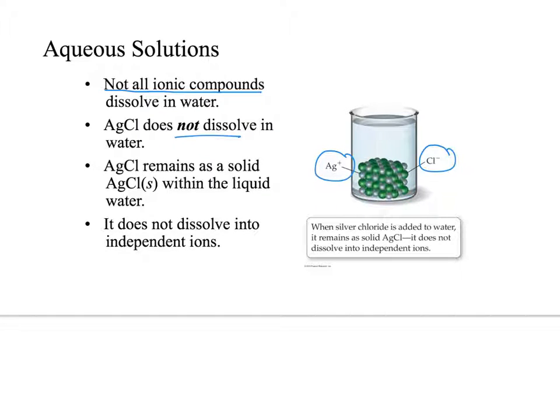The silver chloride remains as a solid within the liquid water. It does not dissociate into positive silver ions and negative chlorine ions, so it doesn't dissolve. This means that we can say that silver chloride is insoluble. So even though it's an ionic compound, it's not soluble in water. It will not dissolve.